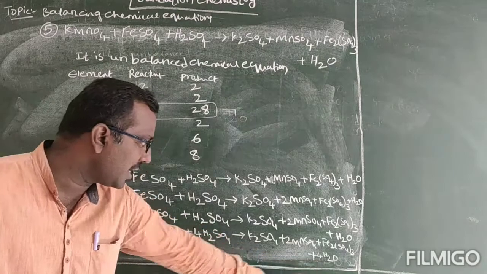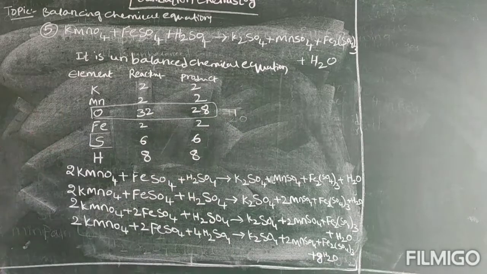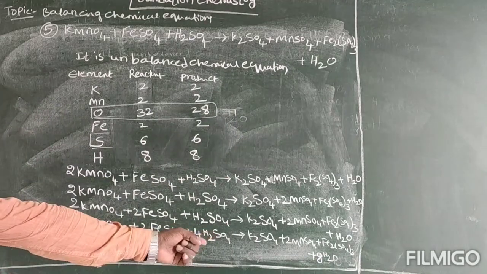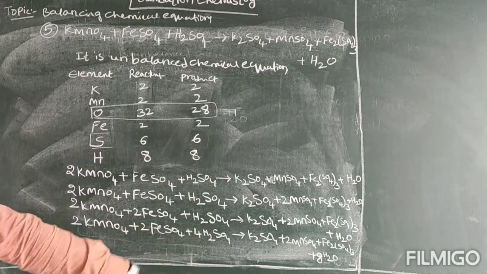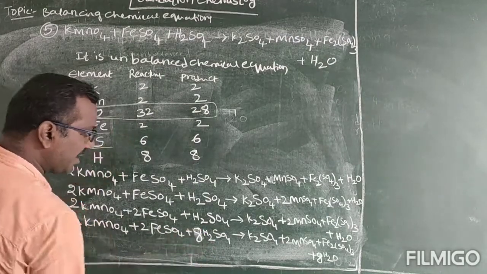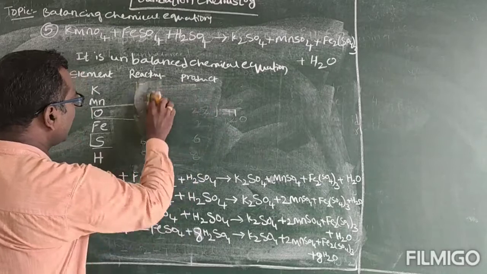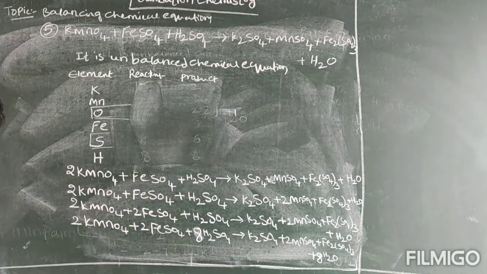Let us take here 8H2O directly. Then what will happen? If it is 8 there, means how many I have to get? 16. Means let us take here 8, 8 2s, 16.